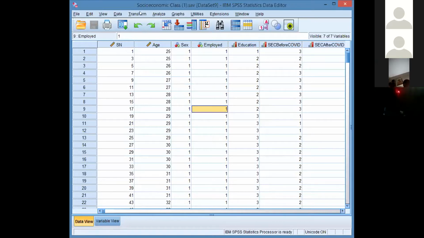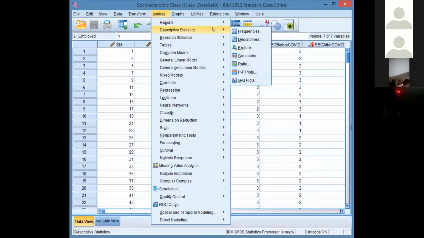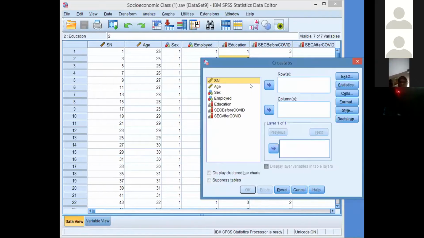We want to look at educational status and employment status now. Go to Crosstabs. Okay, I'm already there. Can you see mine? People can see it now.